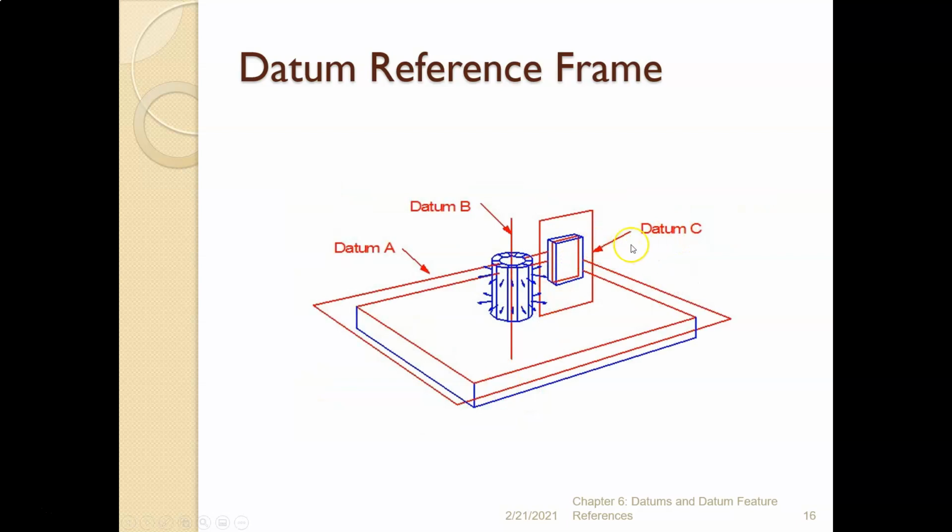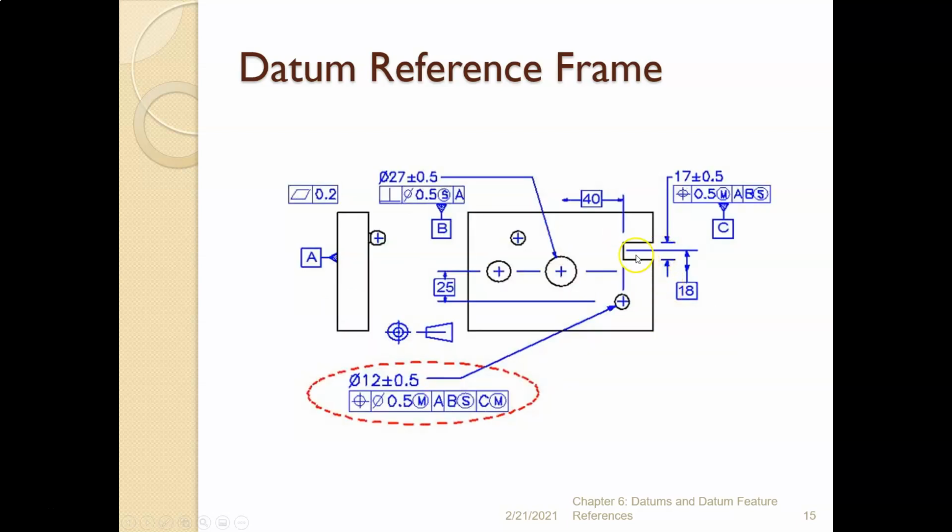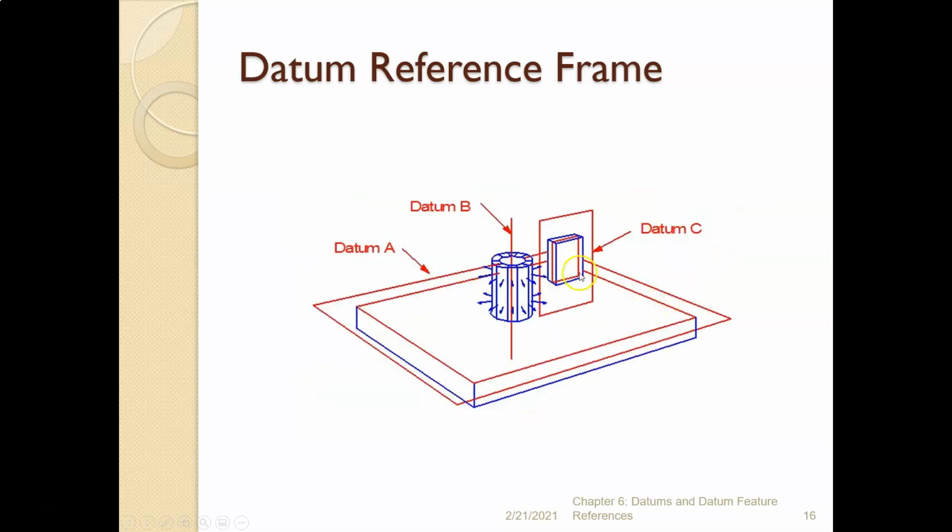So there's our datum plane C. This identifies a datum plane. Just like this datum feature of size B for a hole identifies an axis, datum feature of size C for a slot identifies a datum plane. And so there's our shape right there.